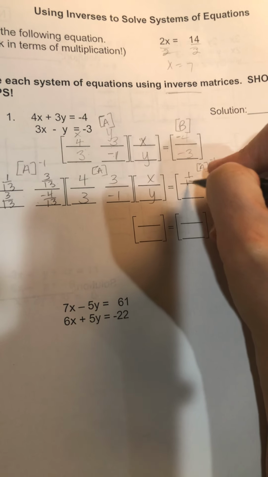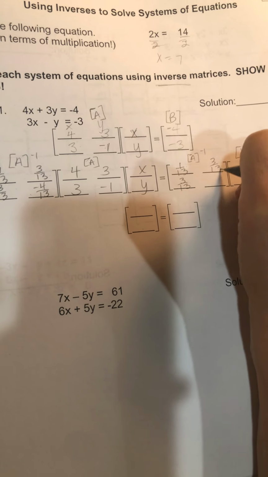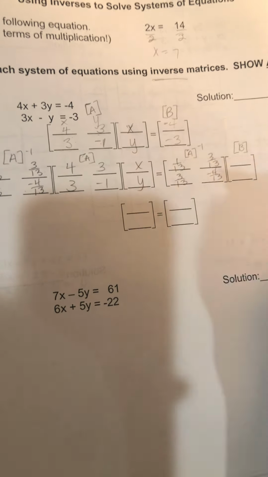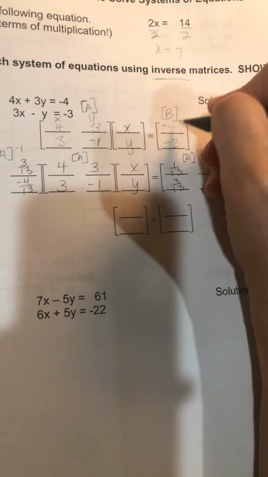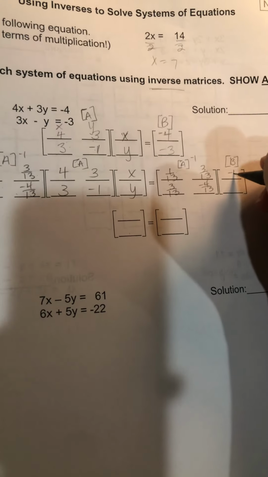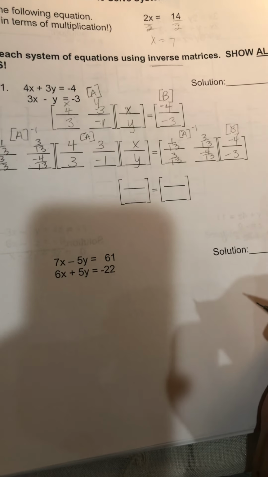So you're going to have 1/13, 3/13, 3/13, and -4/13. And now your B, you can fill it in. It's up here. We already know what it is. You've got -4 and -3. Okay, so now it's all filled in.